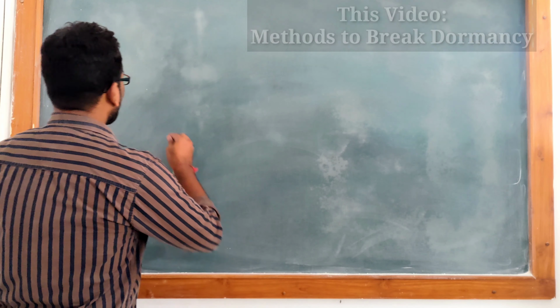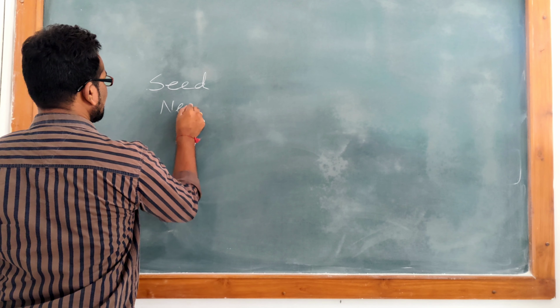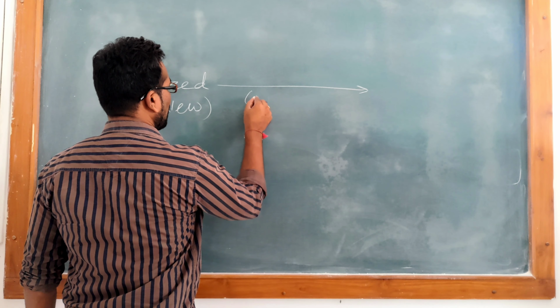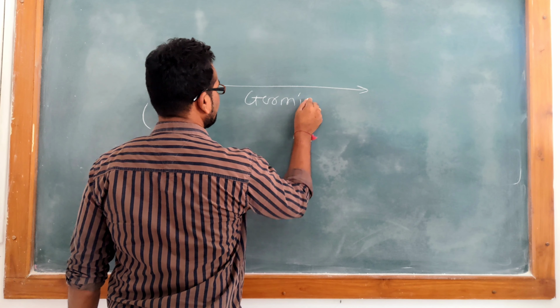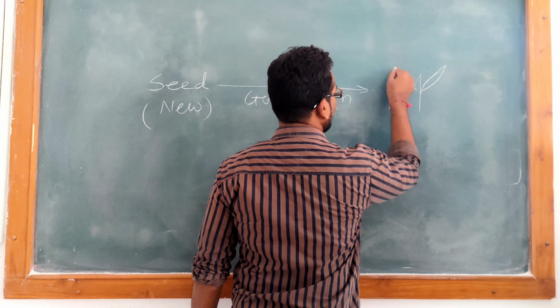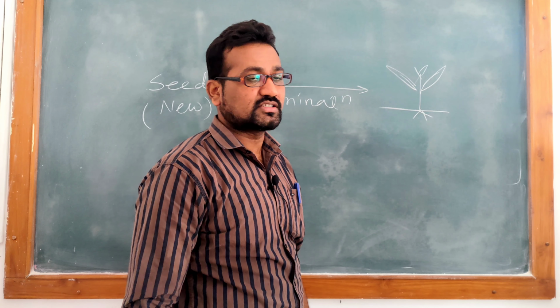Whenever seeds are newly formed, normally they undergo the process of germination and result in the formation of a beautiful seedling which produces root, stem and leaf structure.